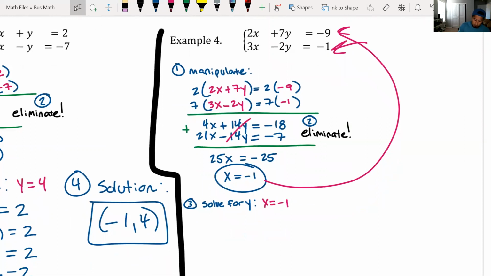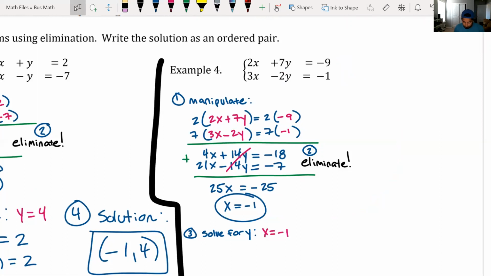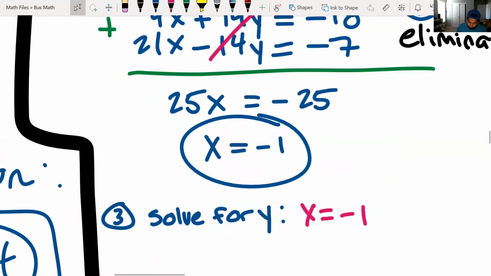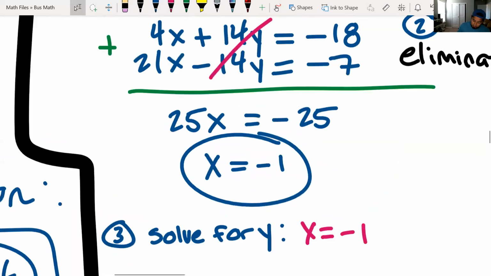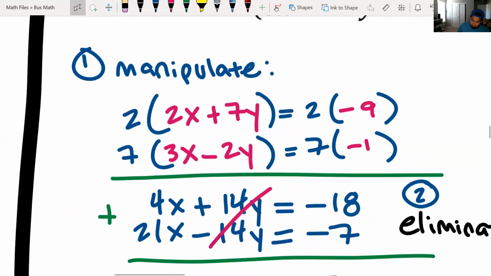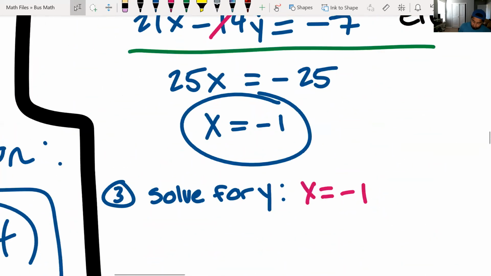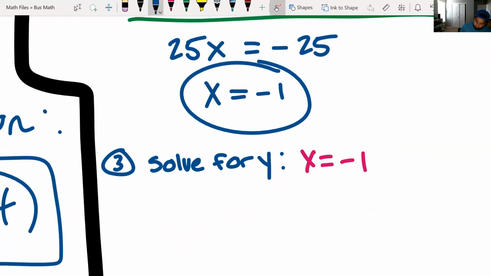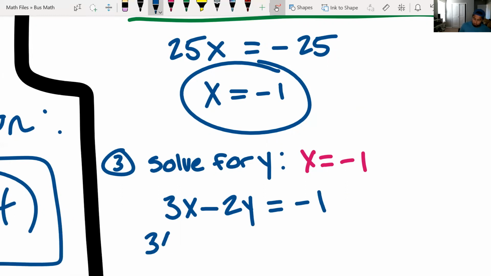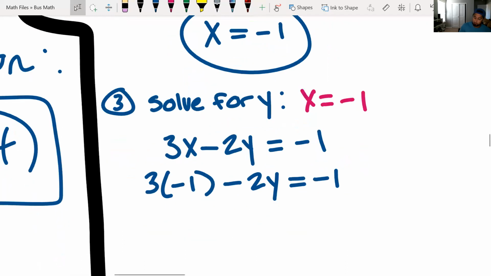So I'm plugging it into equation 2. So equation 2 is 3x minus 2y equal to -1. All right, plug it in. 3 times -1 minus 2y equal to -1.